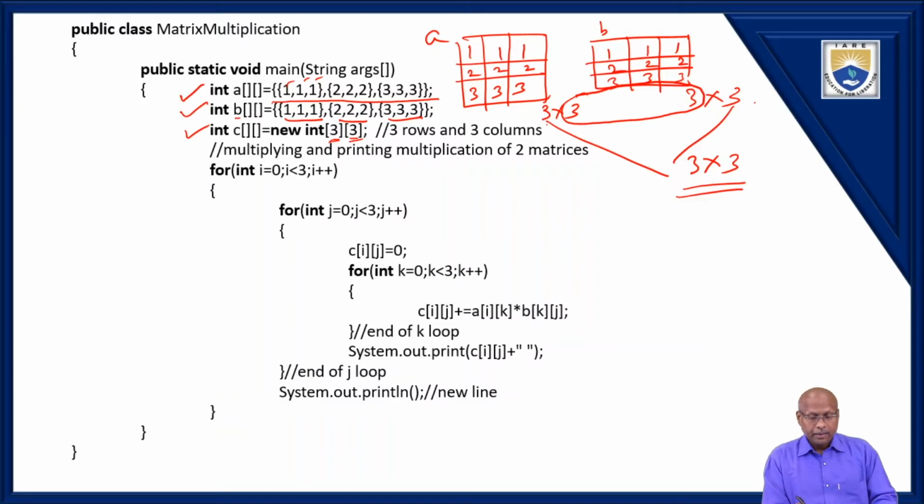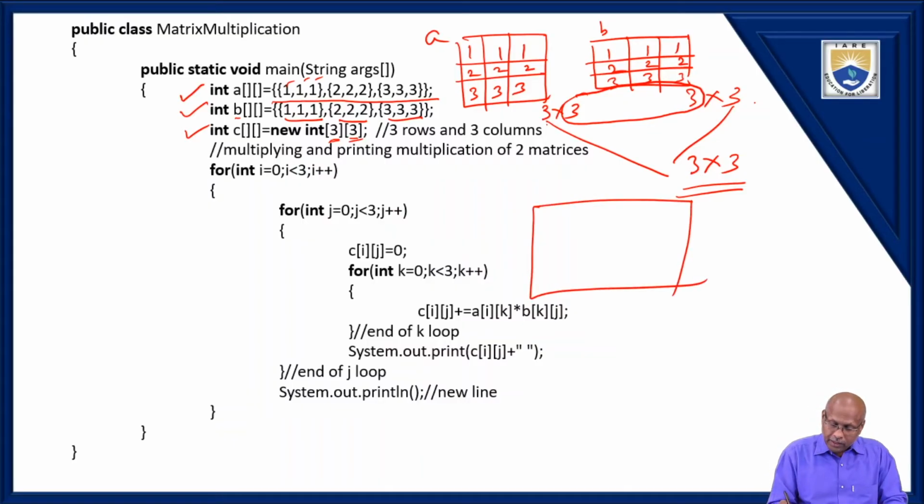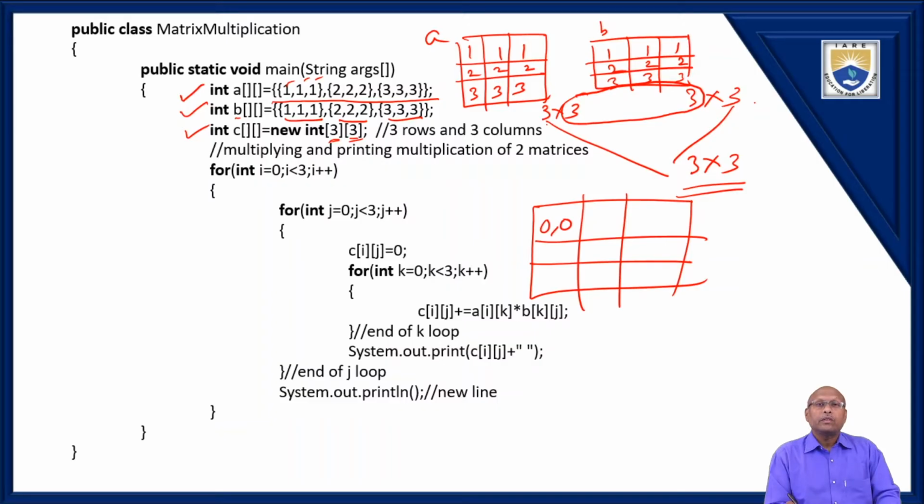Now, you have to fetch the data of each element, the first row with the first column. So now, my resultant matrix is 3 by 3. This is 0, 0, 0th row, 0th column. So, how to fetch the value for the 0th row, 0th column?